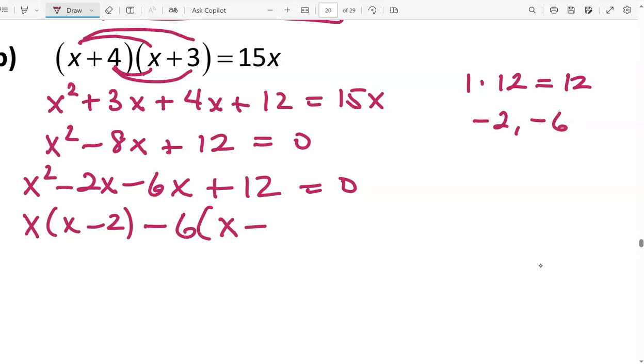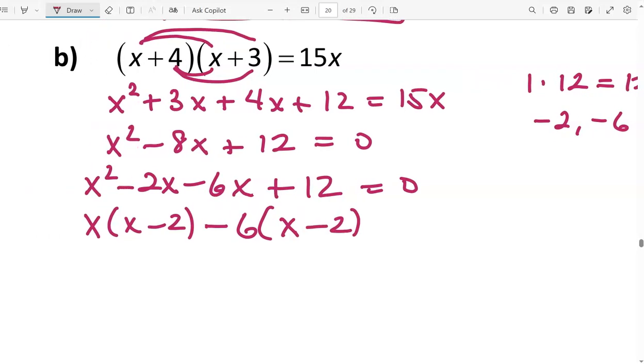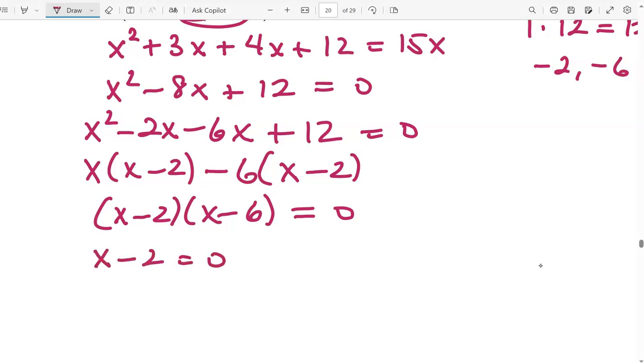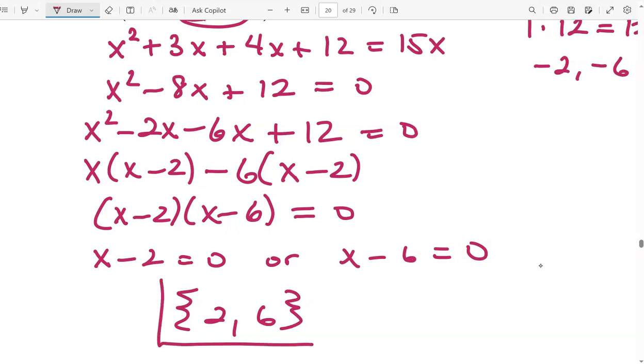Then we have x minus 2 left over. So our two factors are x minus 2 and x minus 6. And so if x minus 2 equals 0 or x minus 6 is equal to 0, the two solutions are 2 and 6.